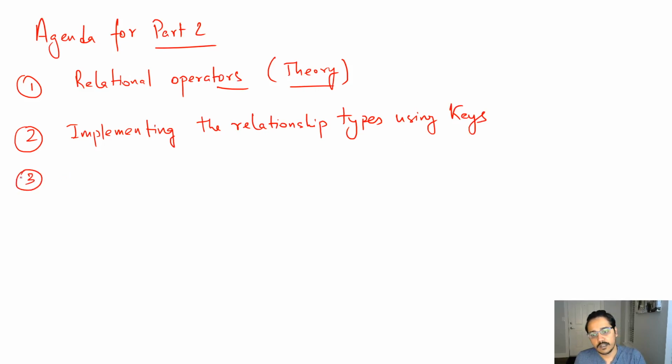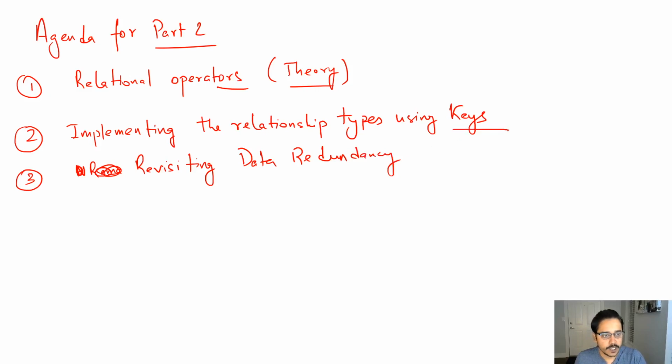And then finally, we will learn about some notes or remarks, or let's say revisiting the concept of data redundancy, now that we have a bit more idea about what keys are.